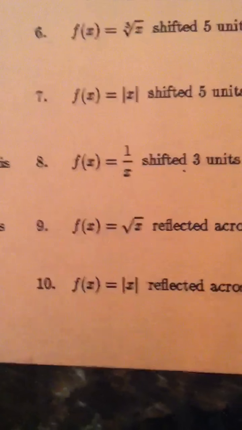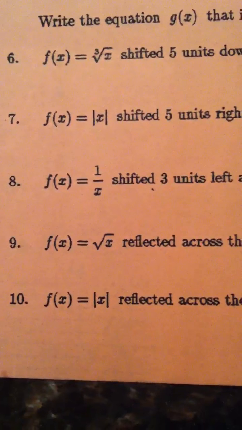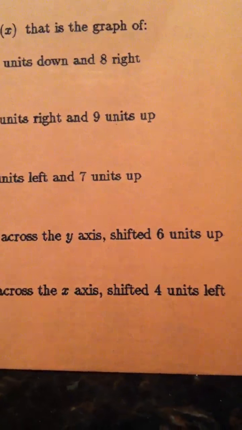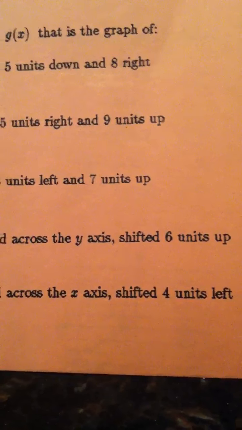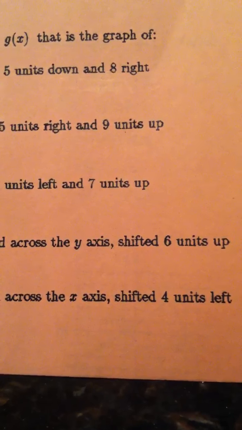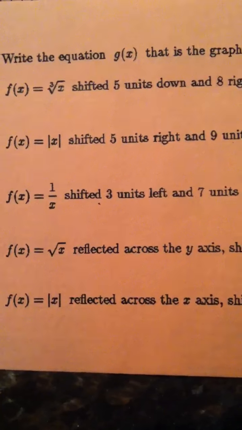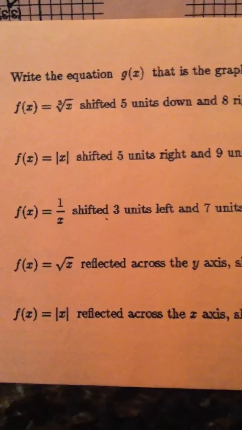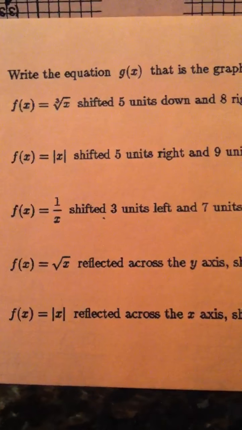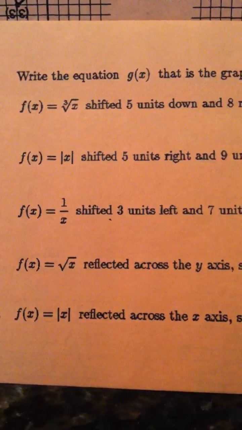Question 9. F of x equals the square root of x is what we're starting with. We're reflecting it across the y-axis, and then it's going to go up 6. Well, up 6 is easy. That just means plus 6. If I'm reflecting something with respect to the y-axis, again, here's what I want you to picture in your mind. Picture an ordered pair in quadrant 1.